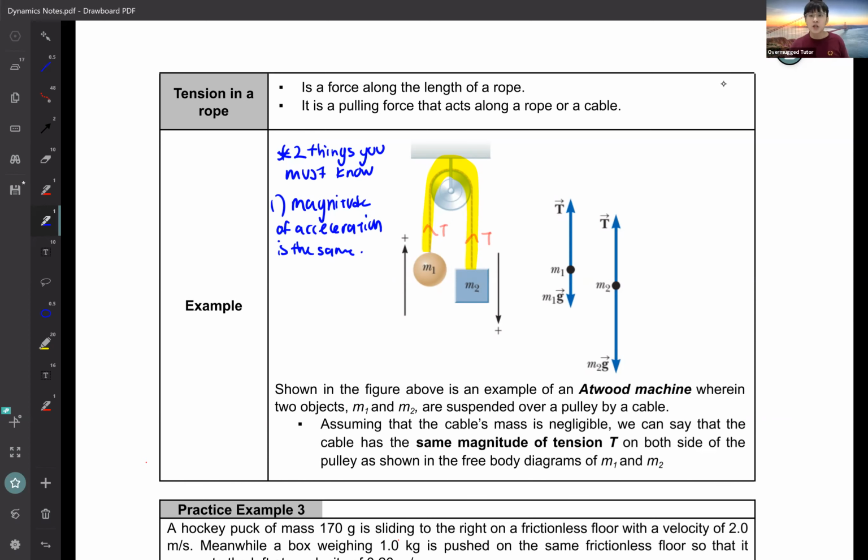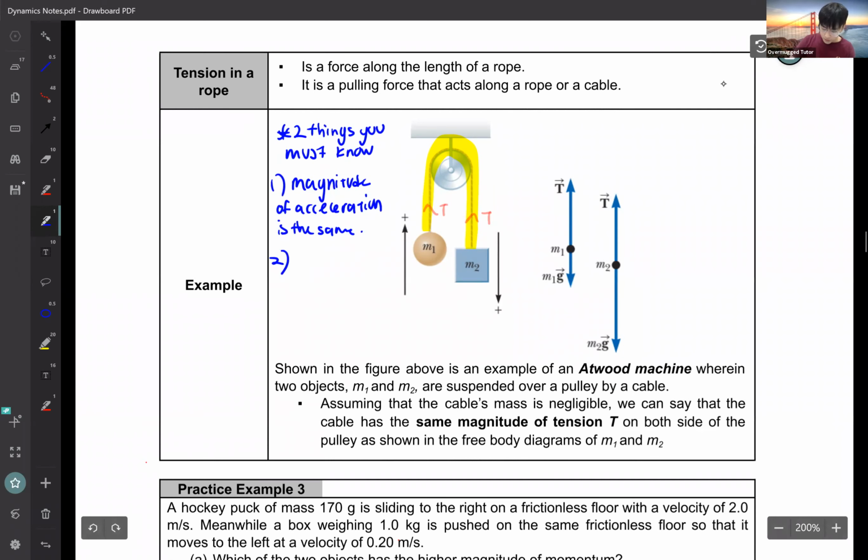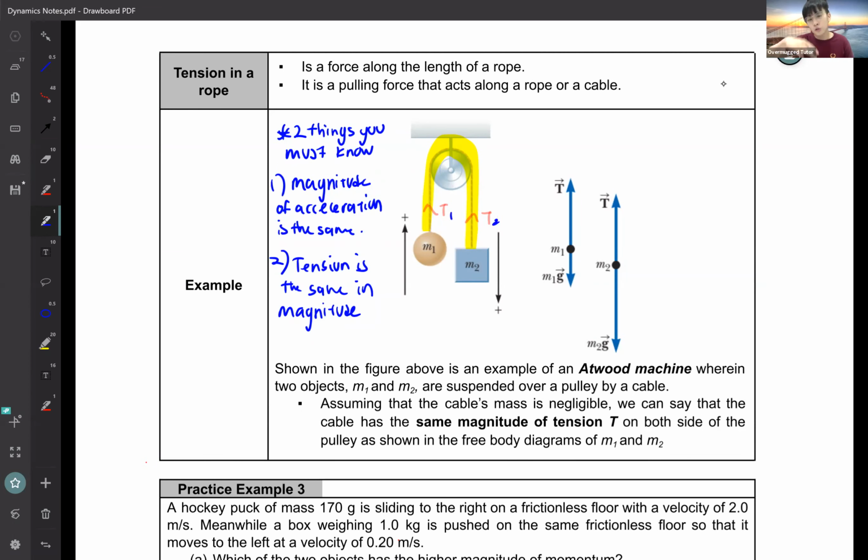The next thing that you should know is that the tension is the same in magnitude, meaning this T1 and T2 are identical. So if you know these two things, it's very simple to come up with two simultaneous equations, and then you can straight away solve for the unknowns.